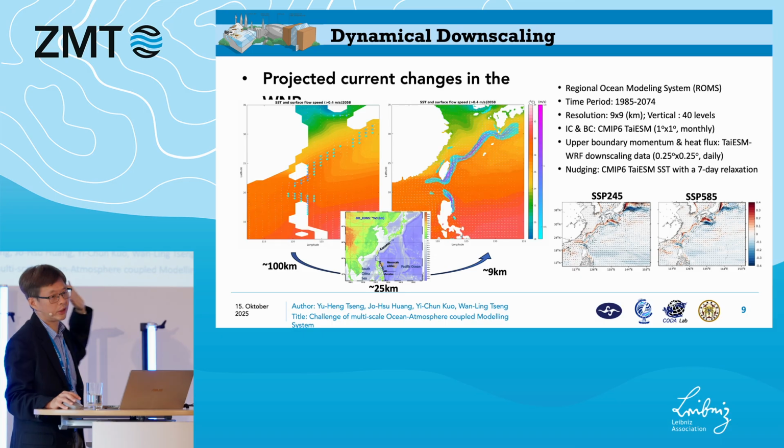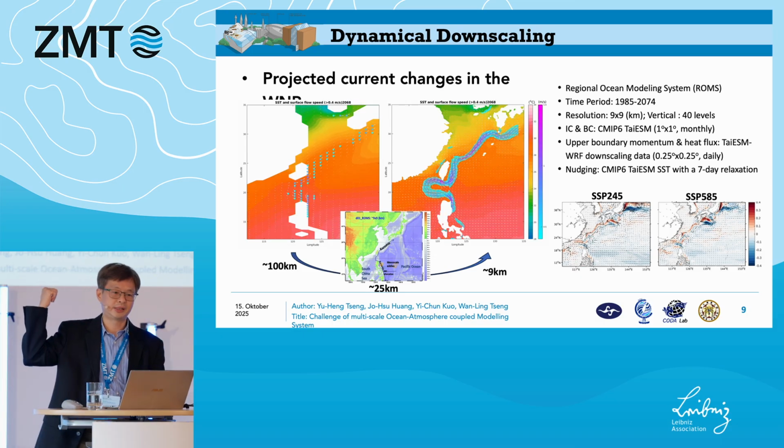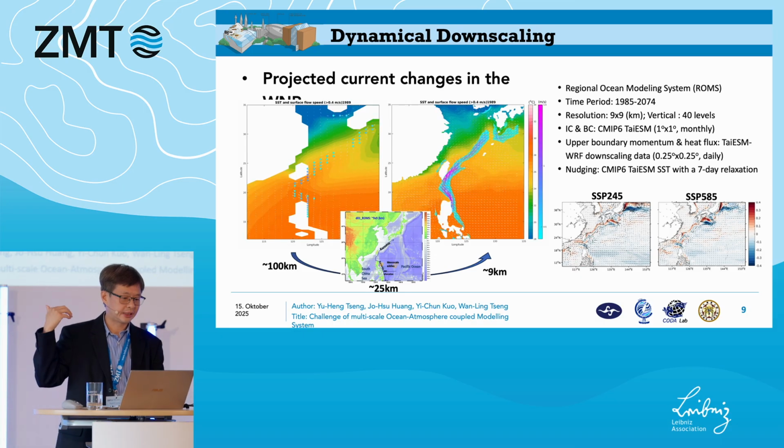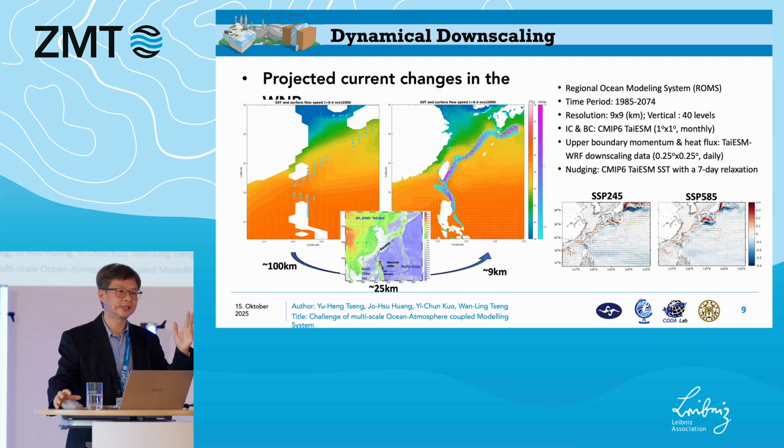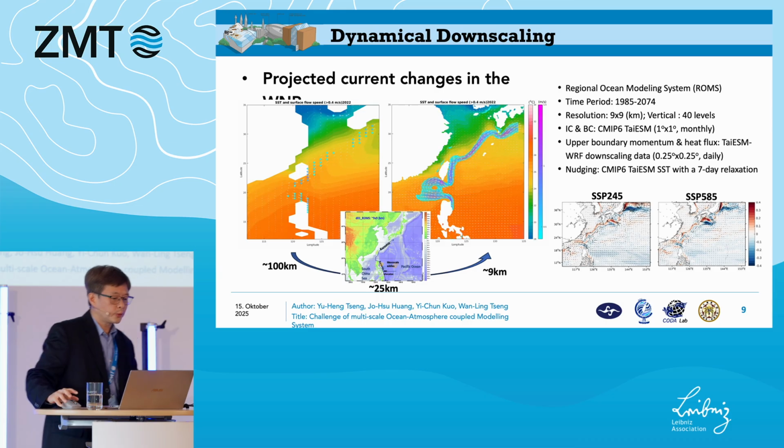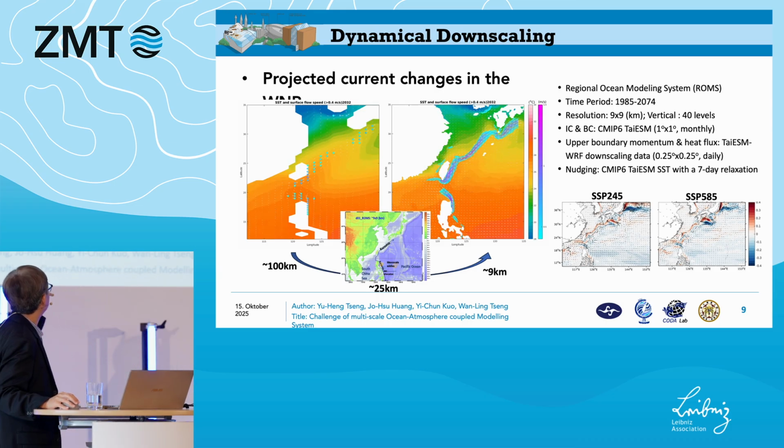The left is the coarse resolution, which is based on the Thai ESM, the 1 kilometer Earth system model we are using now. The right one is based on climate downscaling at around 9 kilometers, and you can tell there is a significant difference between them.